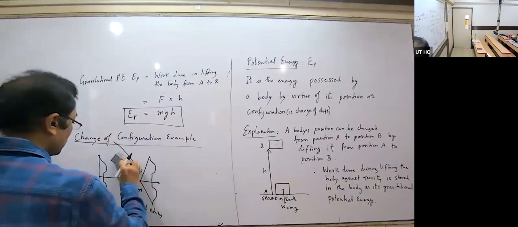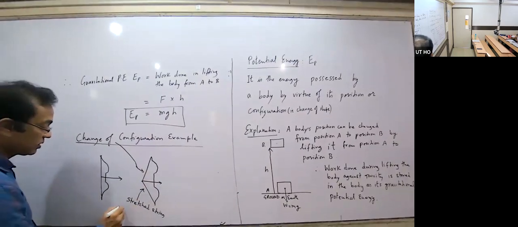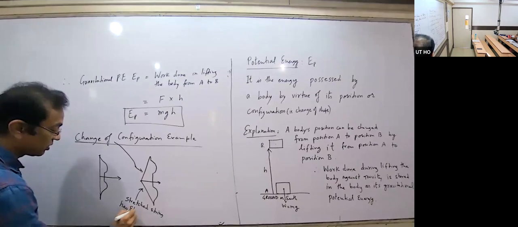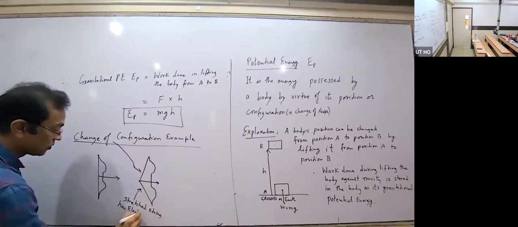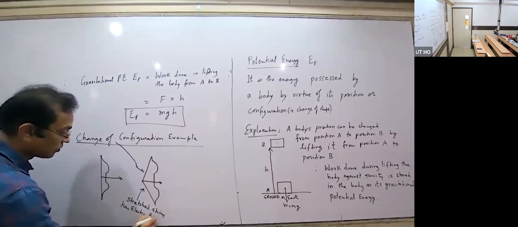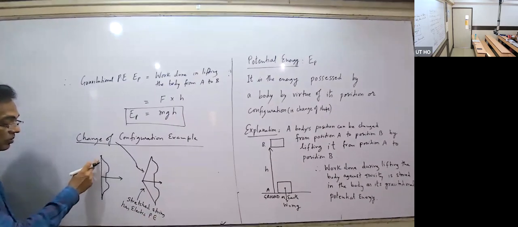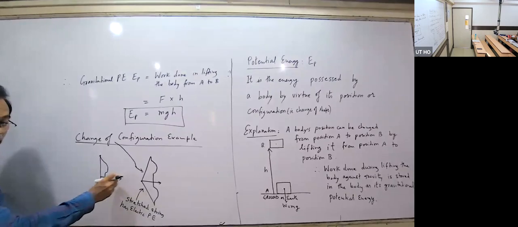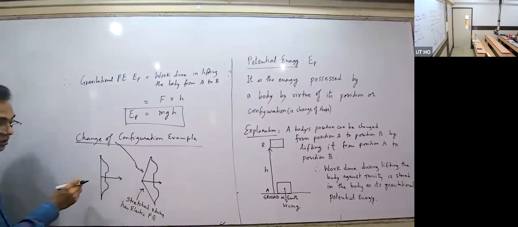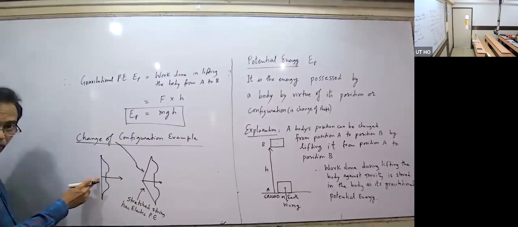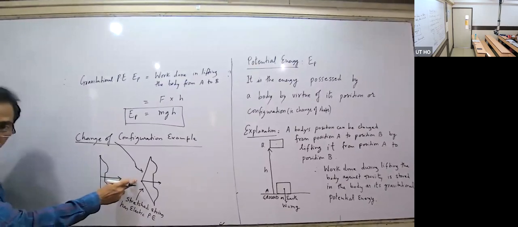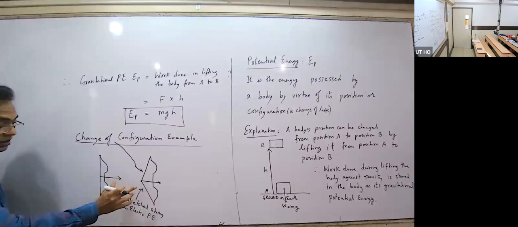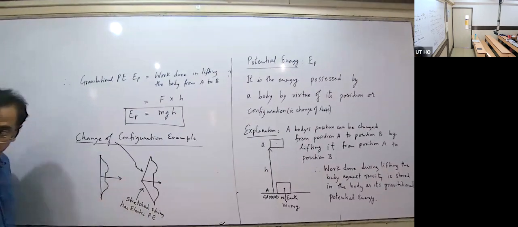So the stretched string has elastic potential energy. Right now it has no potential energy, but when you did work on it, it has no velocity right now. Finally also it has no velocity, right? But now when you release, that is when all the potential energy will get converted into kinetic energy of the arrow.